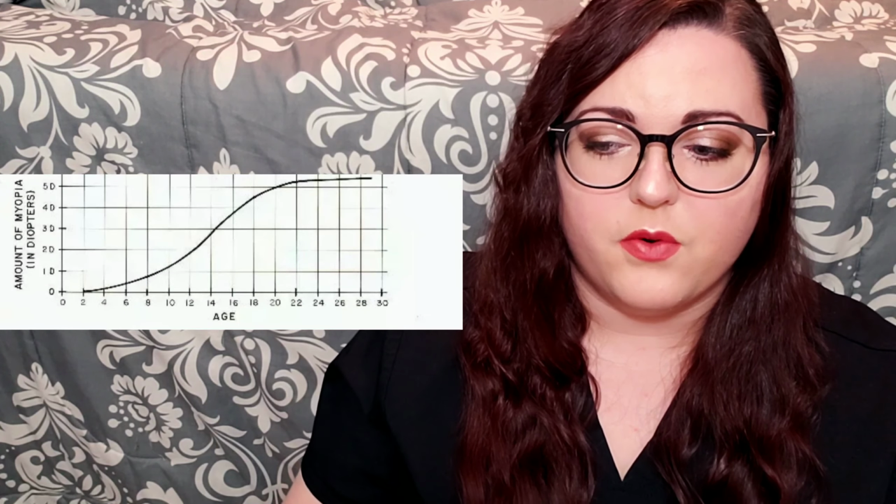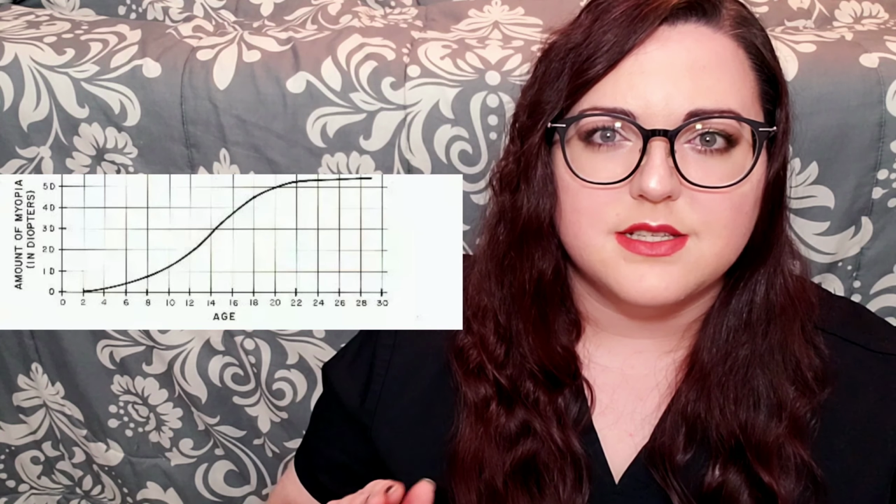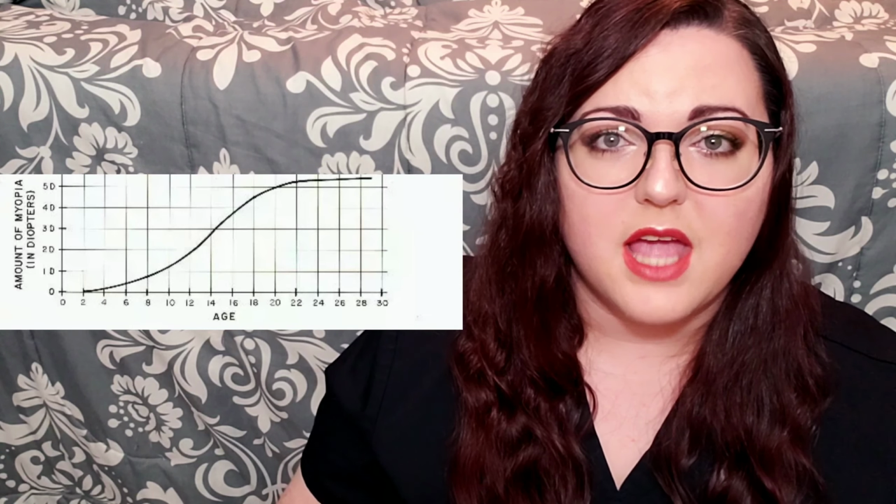Now, myopia generally forms in your childhood years, but it can get worse as you get into adulthood. The average flat line for myopia, where it tends to stop getting worse, is around the age of 20. Sometimes it can extend a little past this, sometimes it happens a little earlier if you're lucky. I was not, but that's the general consensus.